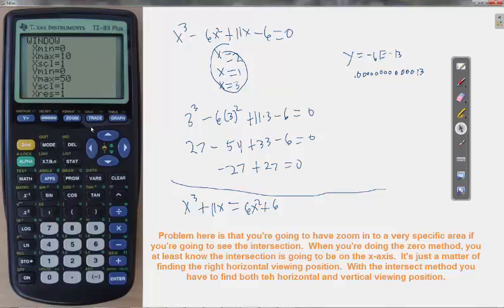This one I think is going to be hard to narrow down on the solutions just because of how the graphs are set up. So let's say 20, 50.